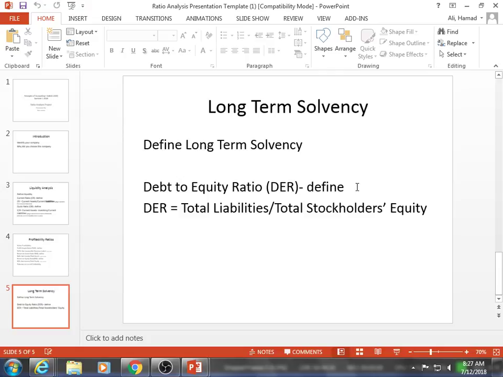Wait a minute, where's your total liability? Show me your total liability. Yes, he has it in a nice figure. He's correct. But long-term solvency is the ability of the total company to survive.